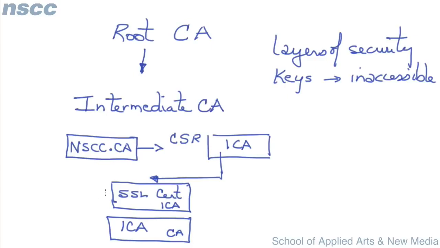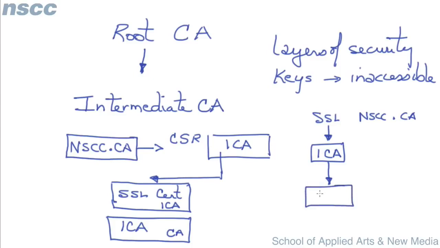So now we have a chain of certificates. So we go from the SSL certificate for nscc.ca, that was issued by the intermediate CA, and that was signed by a CA that all browsers have in their list.